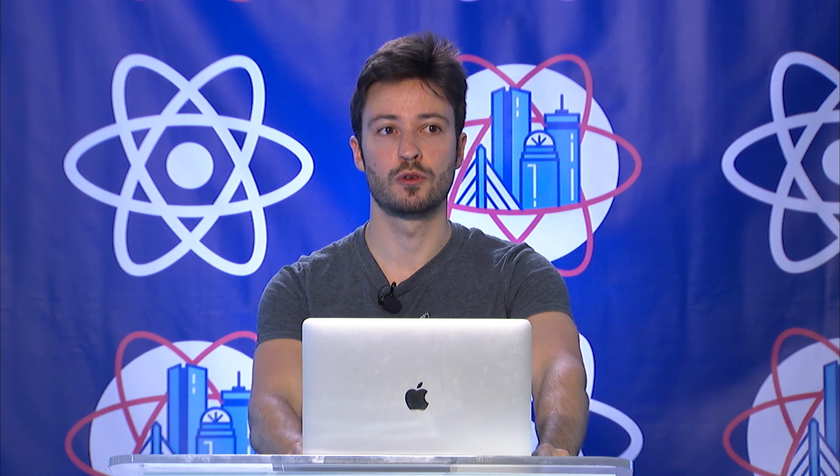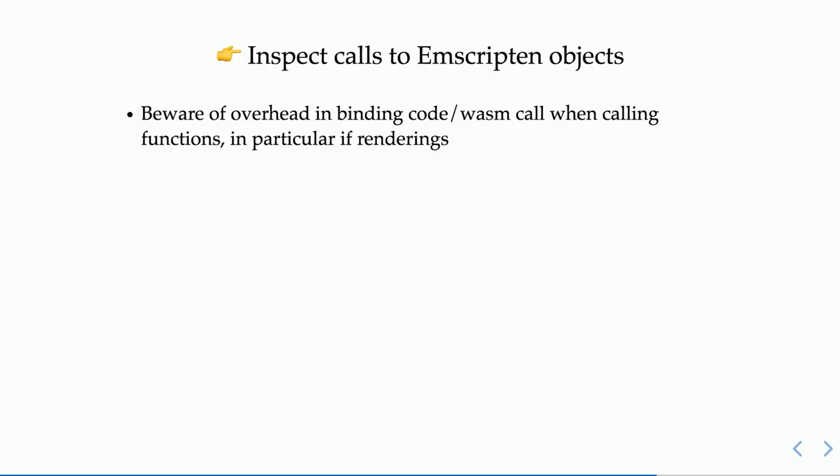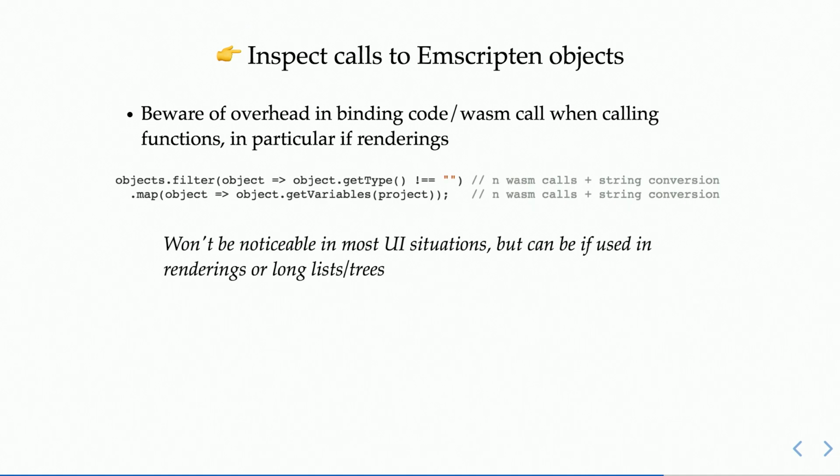The other thing that could slow down your application, back to the WebAssembly world, is the calls to WebAssembly. So beware of the overhead you have every time you call WebAssembly, because there is a cost in going from the JavaScript world to the WebAssembly world. I've not measured it, but I know that in case you have a list of objects that you're filtering, getType is making a call to WebAssembly, and then you're calling .map on this list to get something.